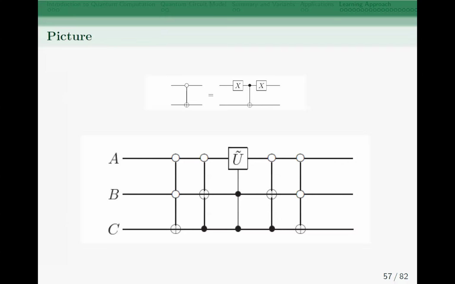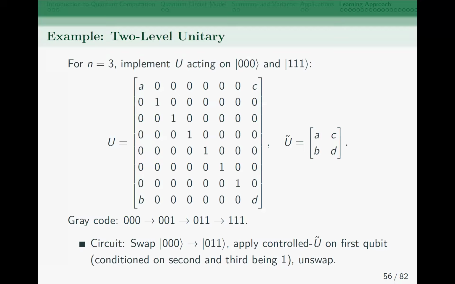Okay, so my claim is this. Remember the goal: the goal is that this two-level unitary U only acts non-trivially on 0, 0, 0 and 1, 1, 1.